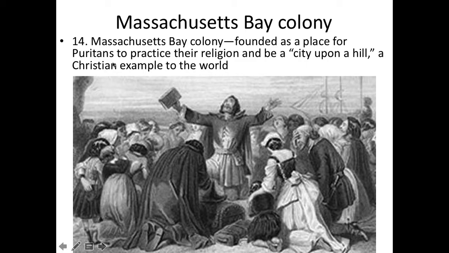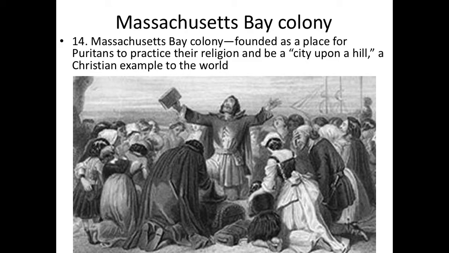They looked at the Church of England and saw it as an institution that was corrupt and that needed to be reformed. And so they thought that if they came over and practiced their own religion, they could do that, and they would do that by providing an example to the world. They called themselves a city upon a hill.